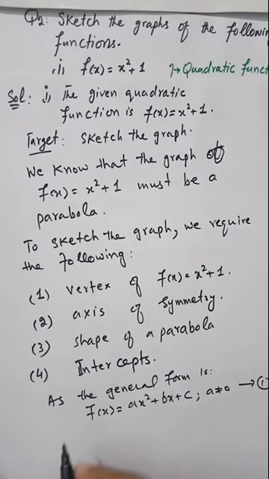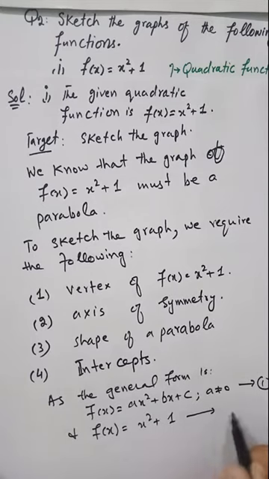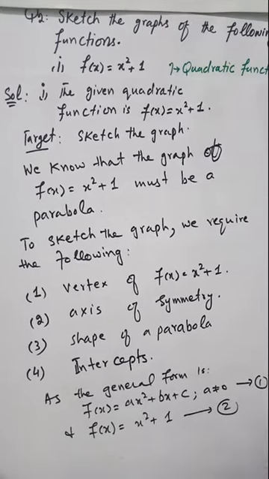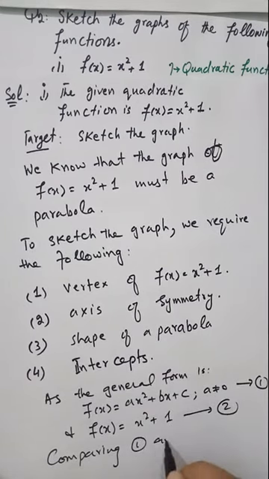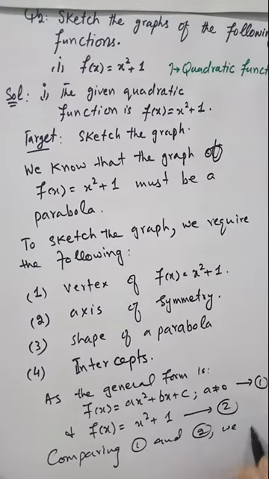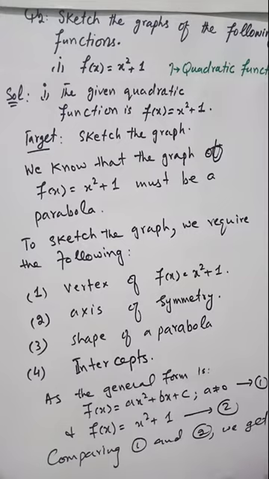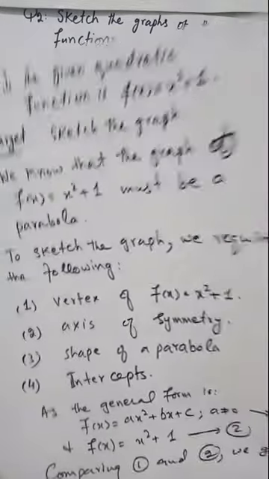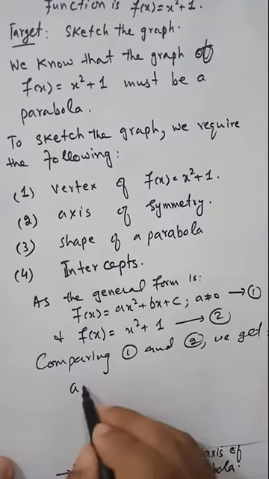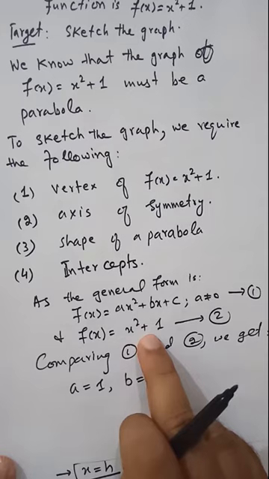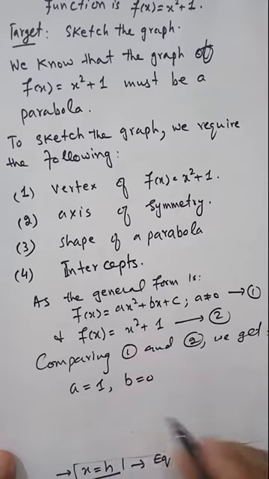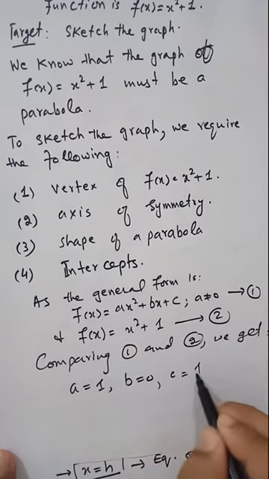Let's say this is equation 1, and the given f of x is equal to x square plus 1 is equation 2. Comparing equation 1 and equation 2, we get a is equal to 1, b is equal to 0 because that term is missing, so b is 0, and c is 1.